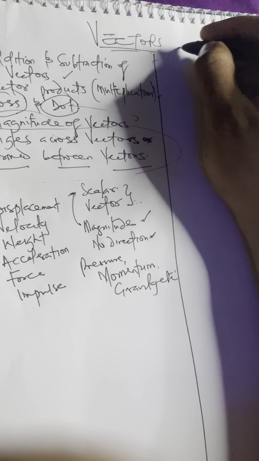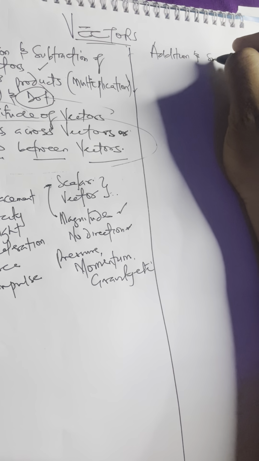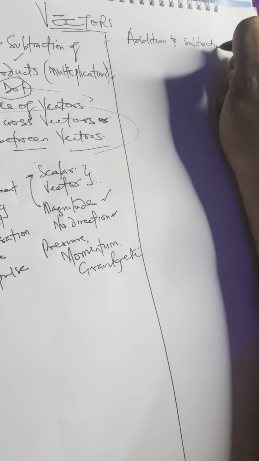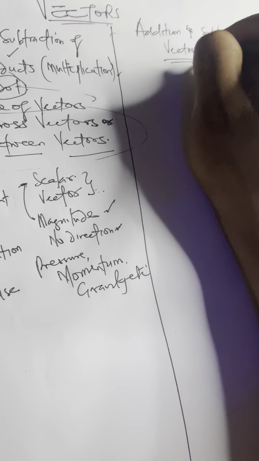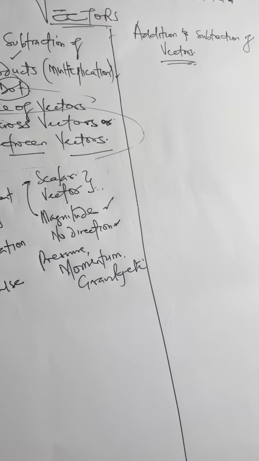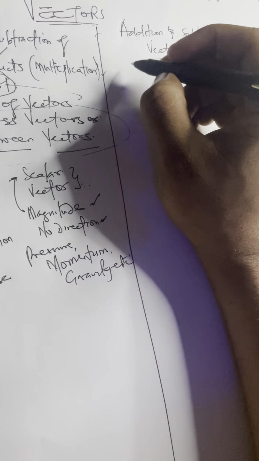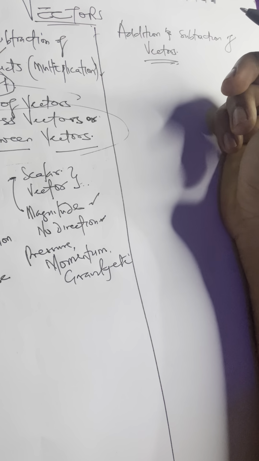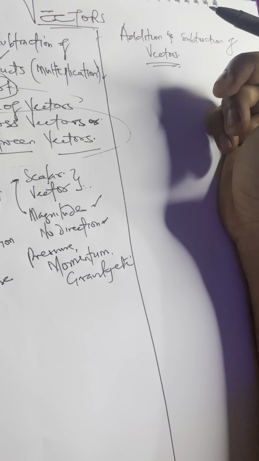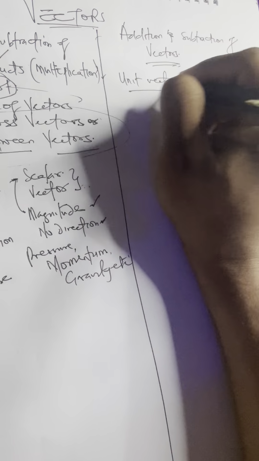First of all, we'll look at addition and subtraction of vectors. Basically, when we talk about vectors, we have what we call unit vectors.